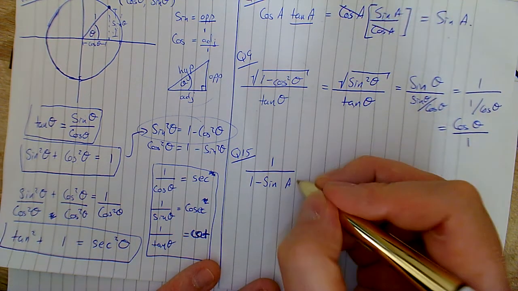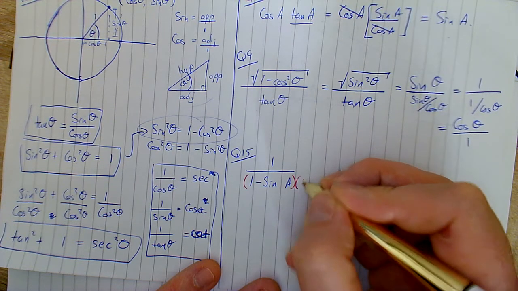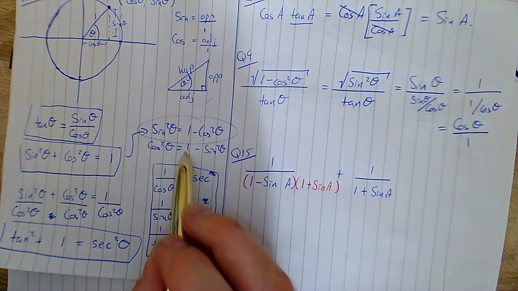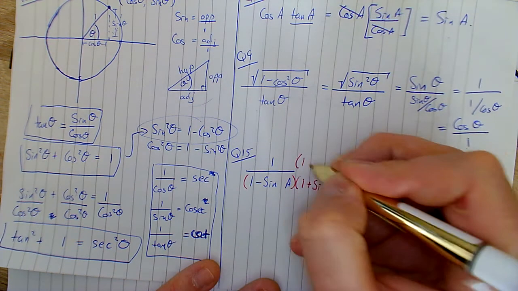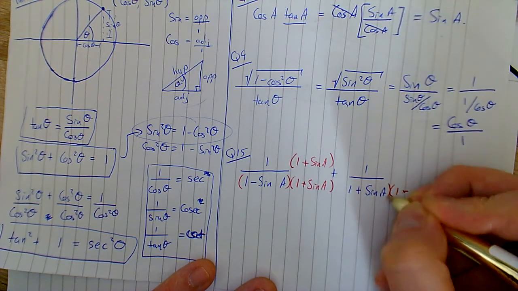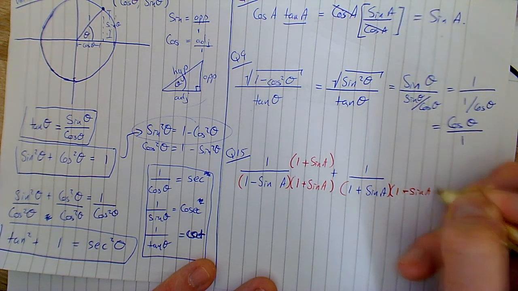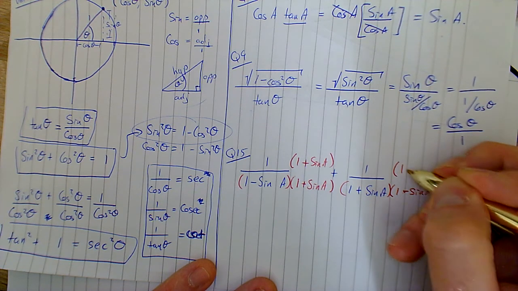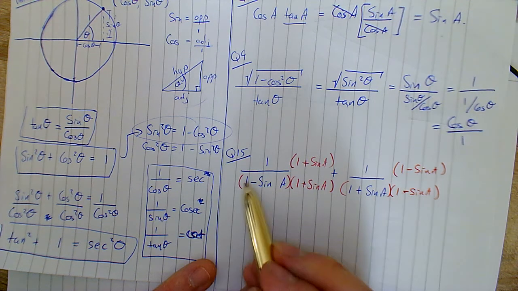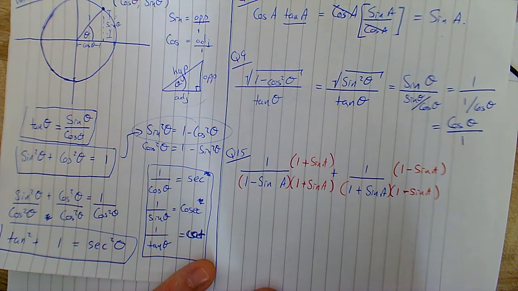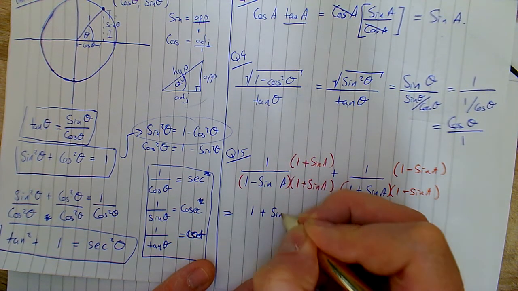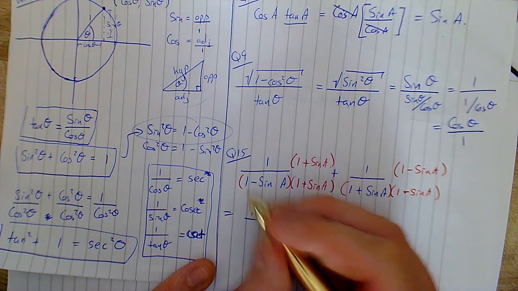Over here, multiply top and bottom by 1 minus sine A, and again that difference of two squares is going to give me a denominator of 1 squared minus sine squared A. So what do I get here? On the top, 1 plus sine A divided by 1 squared minus sine squared A plus, over here, 1 minus sine A divided by 1 squared minus sine squared A.